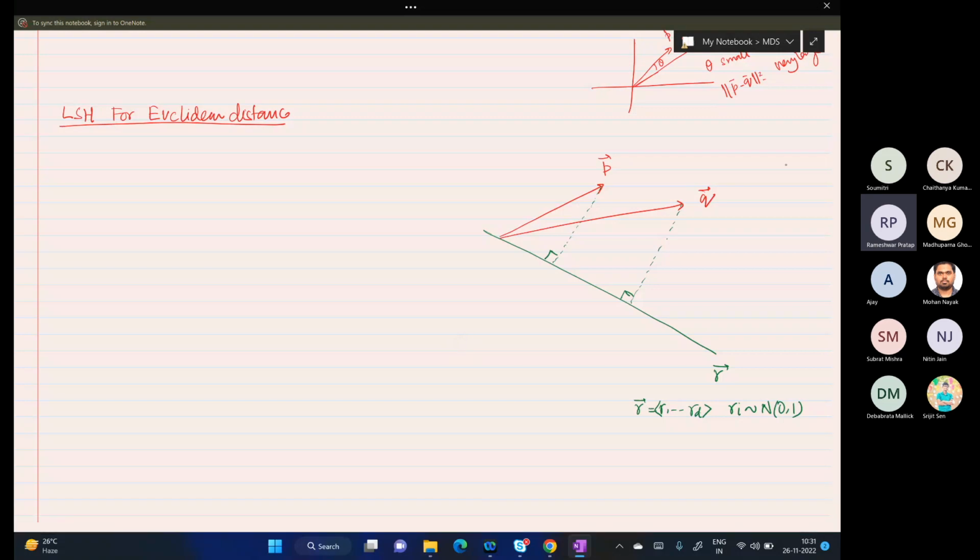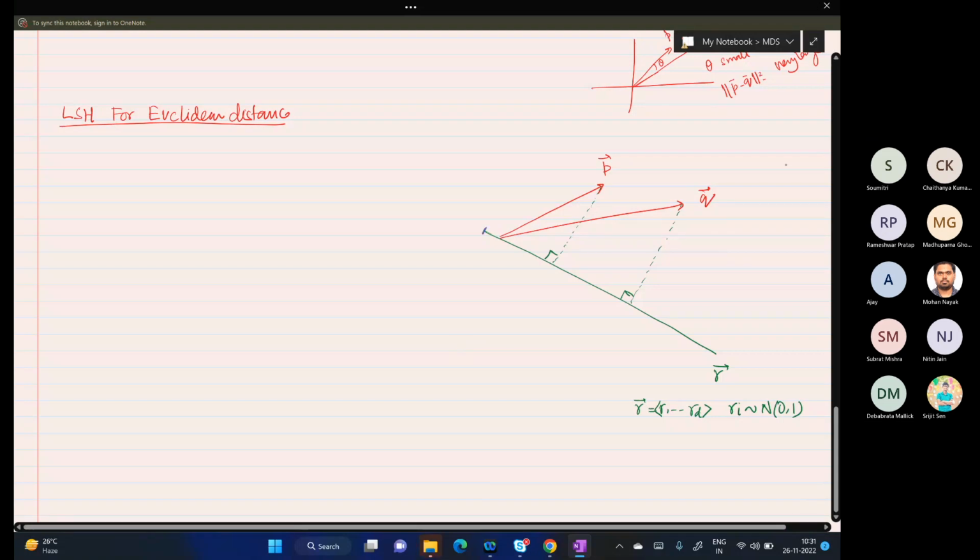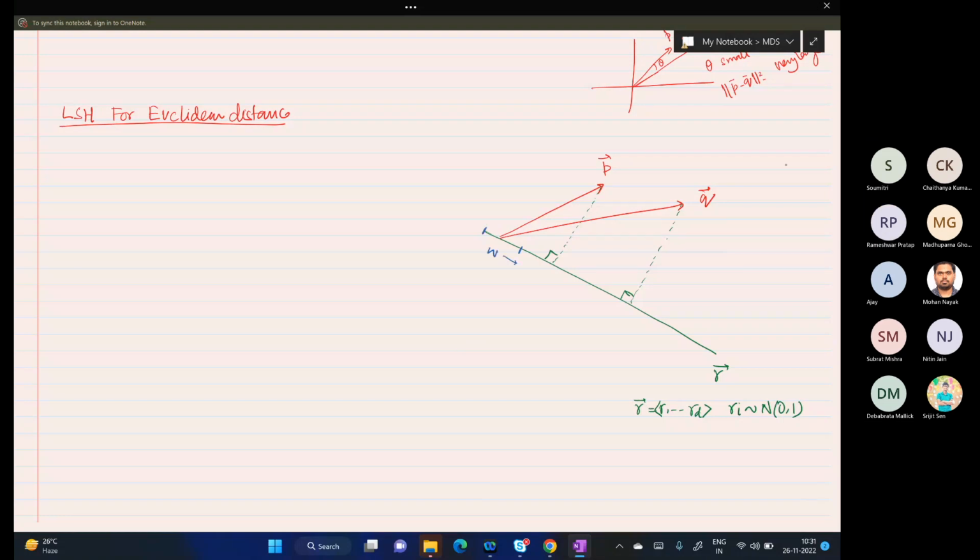We just split this line segment R into blocks of size W. Our hash function is h of p.